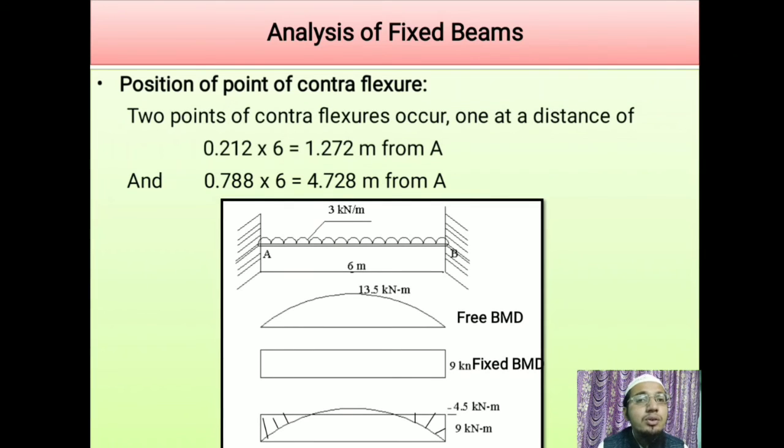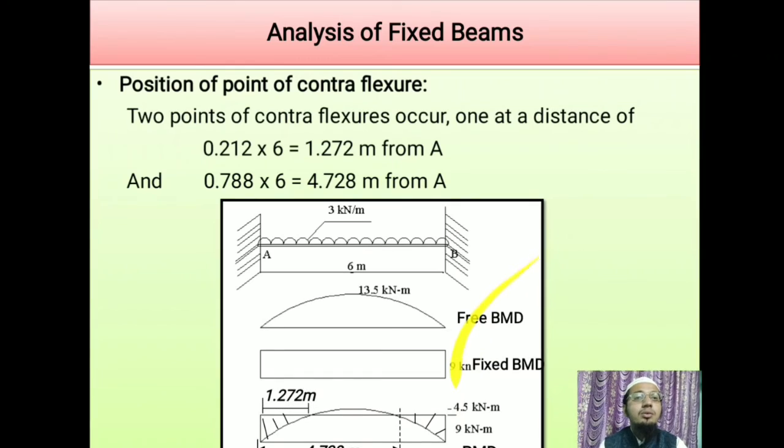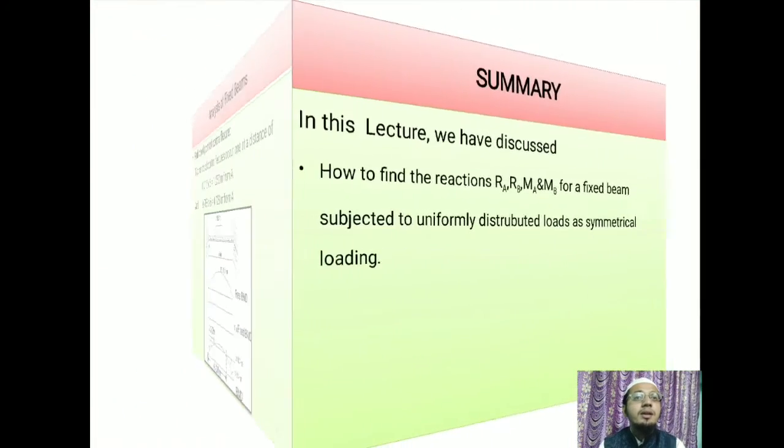Put the values, so you will get the distance from support A of the second point of contraflexure as 4.728 meter. Likewise you can mark the position of the points of contraflexure. Hope you have understood this.